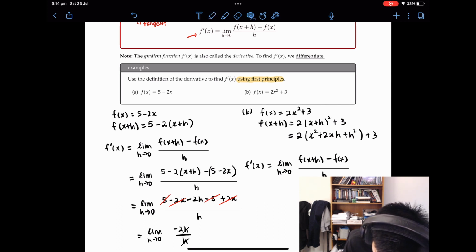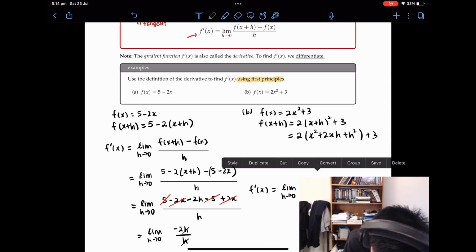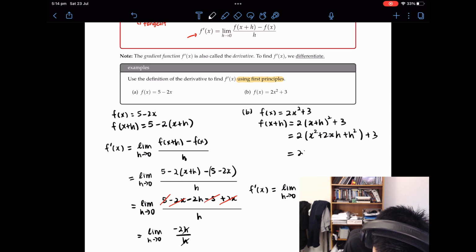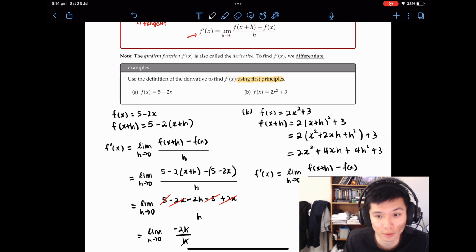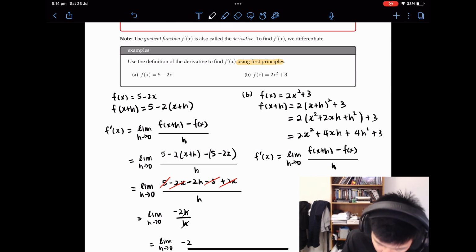And I'm actually going to expand and continue expanding here. I'm going to get 2x squared plus 4xh plus 4h squared plus 3. And then now I'm going to substitute everything into my gradient function formula.